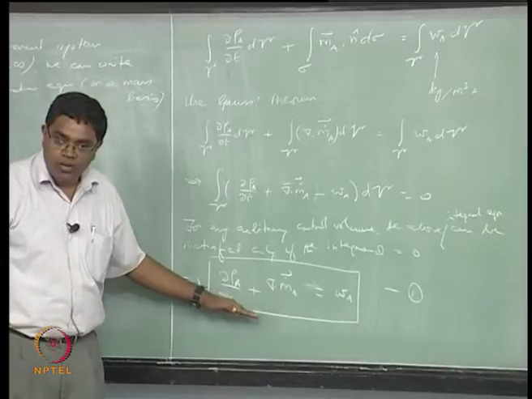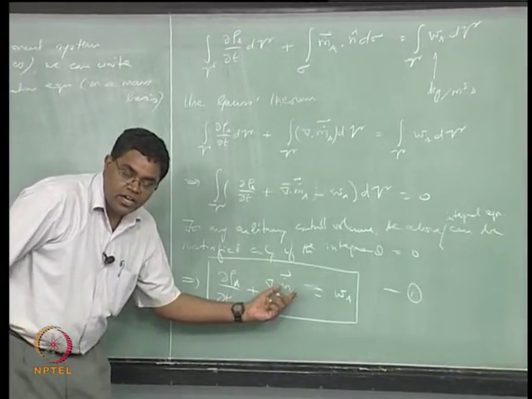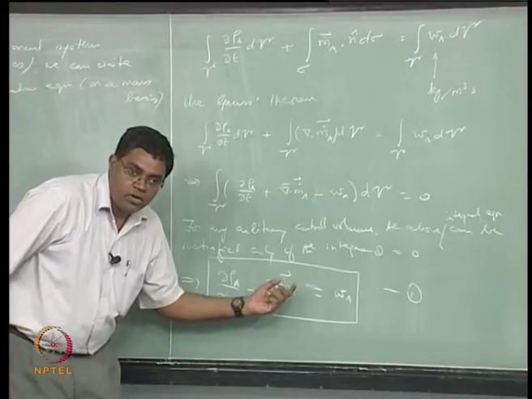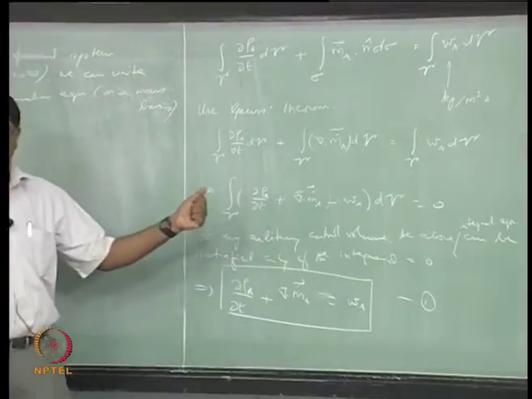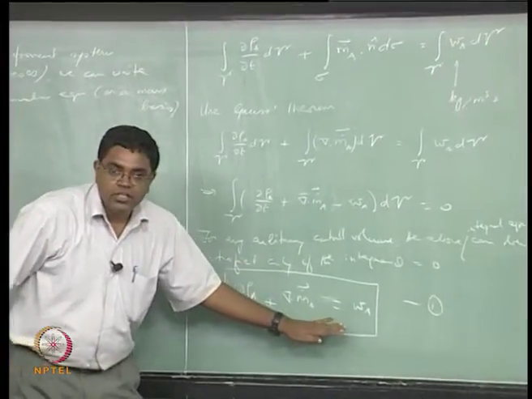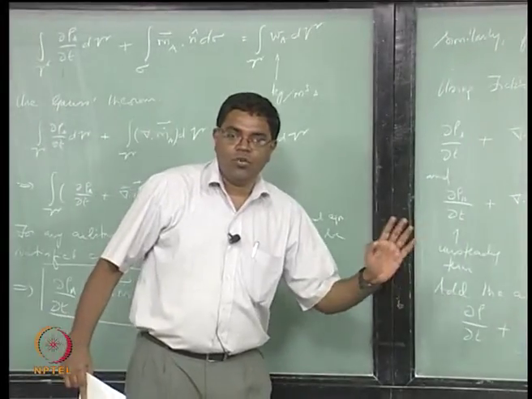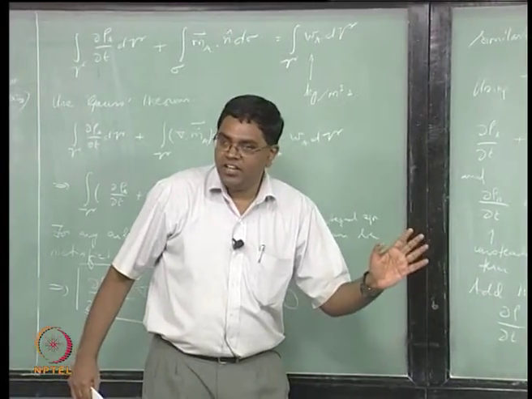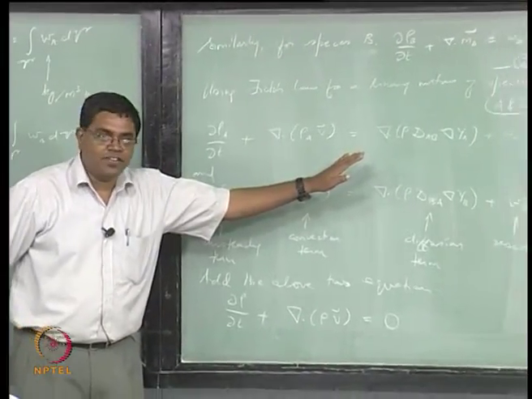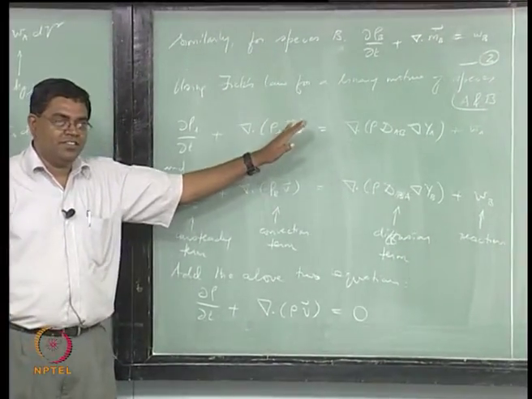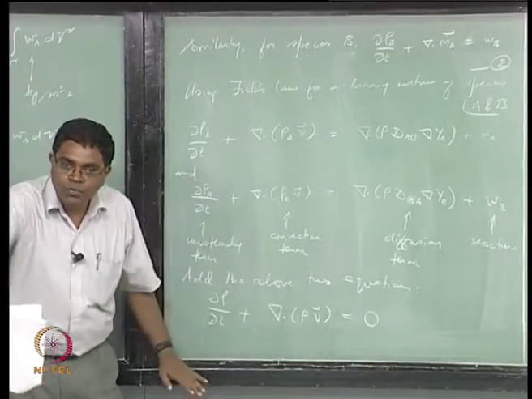That means we will now open up m dot a as rho a times v plus rho a capital VA. We will do that, but then we will start blinking because we don't know how to write rho a capital VA, which is JA, in terms of the concentration gradient, because Fick has not said this for us for more than a binary mixture. But we can go up to that point.